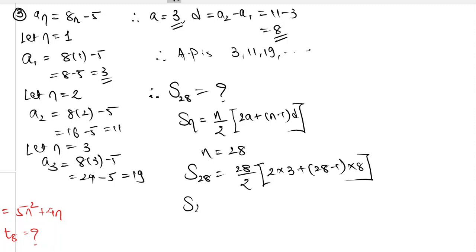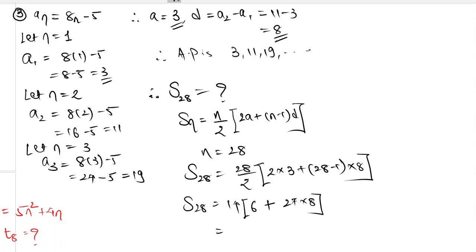So sum of 28 terms is 14. 28 by 2 is 14. 6 plus 27 into 8. Okay, so here what do you get? Let me just calculate and tell you the answer.